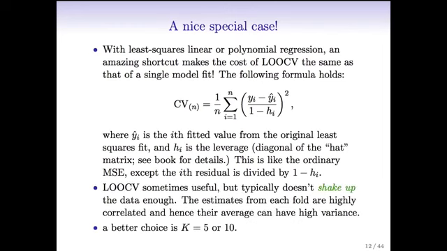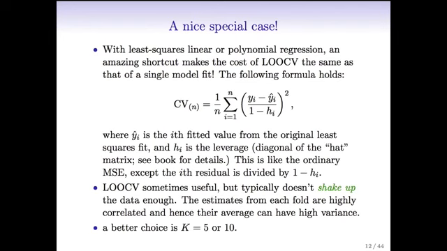Okay, so although leave one out cross-validation does have this nice computational formula, for most of the methods we talk about in this book and most statistical learning methods, it's better to choose K to be 5 or 10 rather than leave one out cross-validation. And why is that? Well, one problem with leave one out cross-validation is that each of the training sets look very much like the other ones.